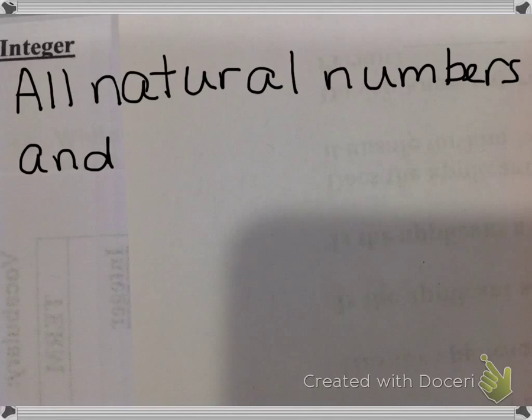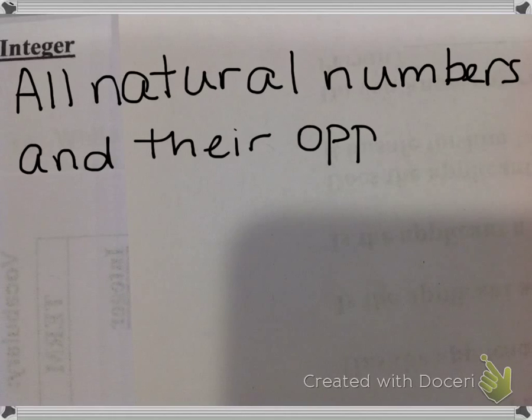That's the definition of an integer. Okay, so what that is, your natural numbers are the numbers that you, oops, sorry, just made a little typo there. You're going to hear me make mistakes all the time. Spelling is a big one that I make mistakes on. All natural numbers and their opposites.